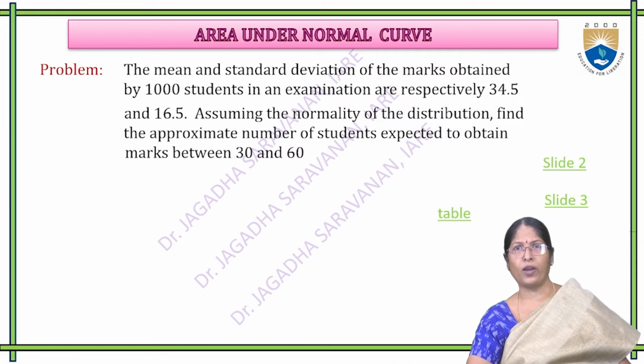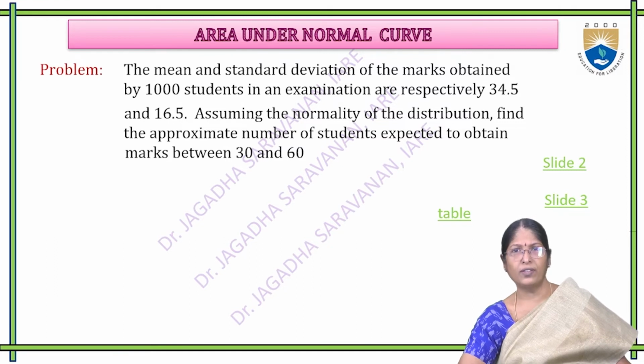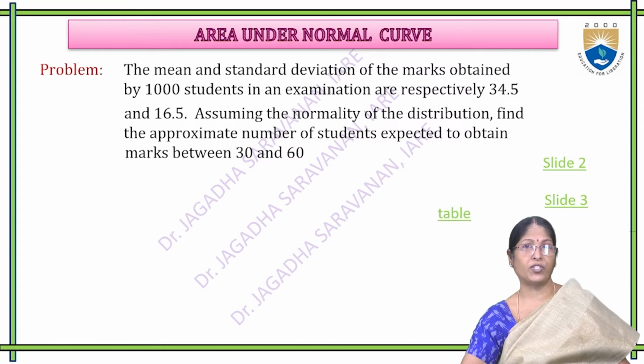While reading the question itself, we have to analyze what is given, whether mean and standard deviation both are given or not. Two types only. If they are given, it falls under the problems of this video lecture. If not, that is method 2.